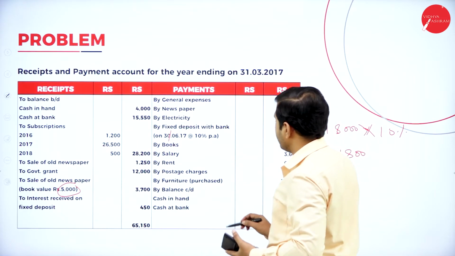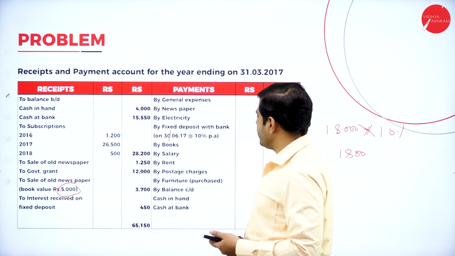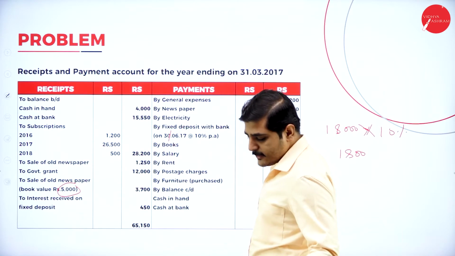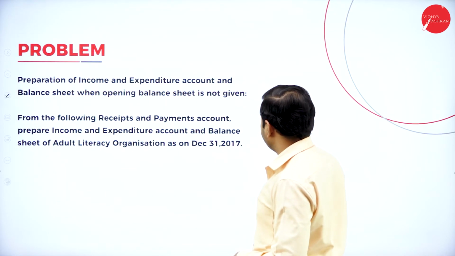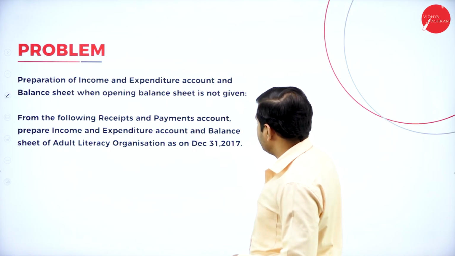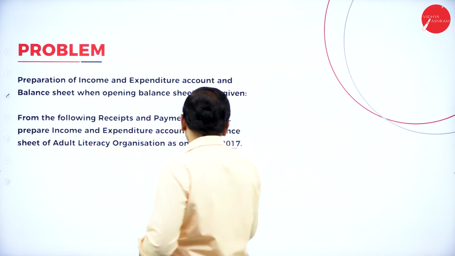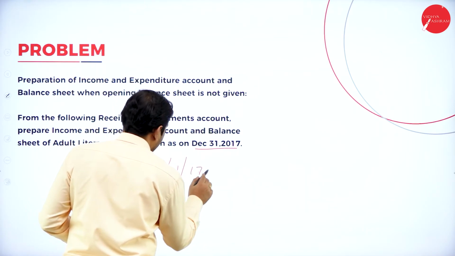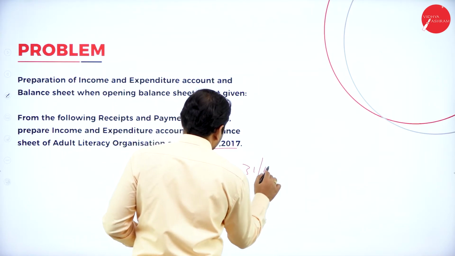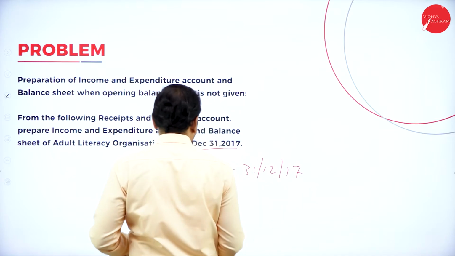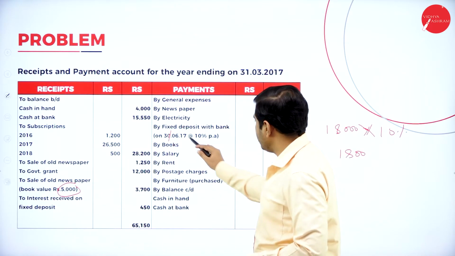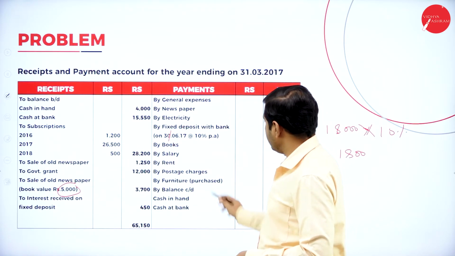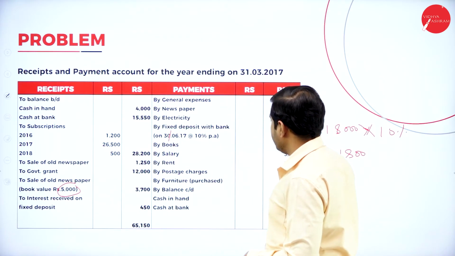Out of 1,800, since we have taken the fixed deposits on 30th June, we should calculate for 6 months. The current year opens on 1/1/2017 and ends on 31/12/2017. So we have kept the fixed deposits on 30th June 2017, which means 6 months.